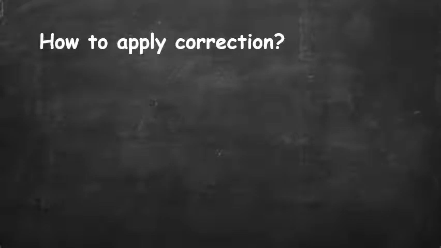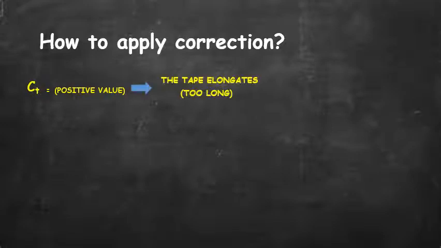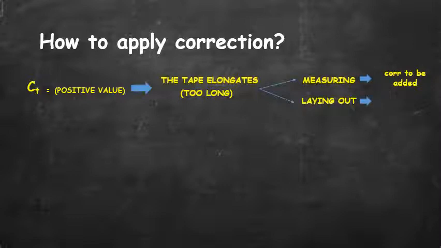So here, how are we going to apply the correction due to the temperature variation? Pag ang ating na-compute na CT ay positive, then it means na tape natin is elongated. So pag nagme-measure tayo, the correction should be added. Pag nagle-layout tayo, that correction should be subtracted.